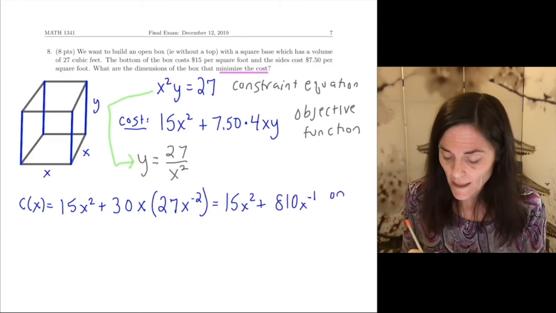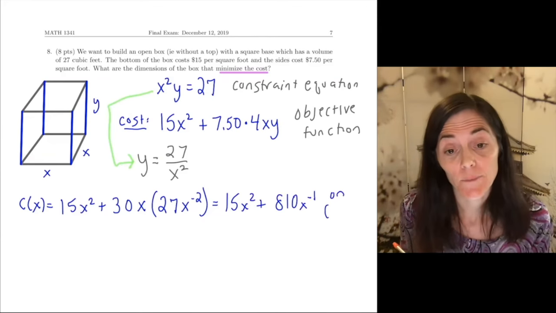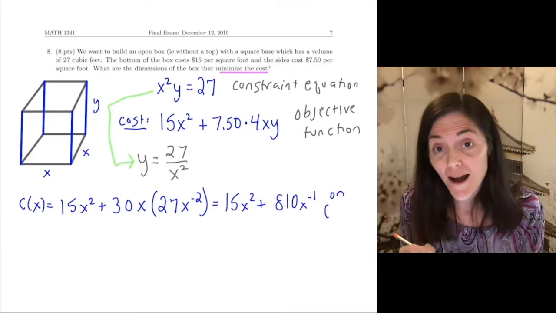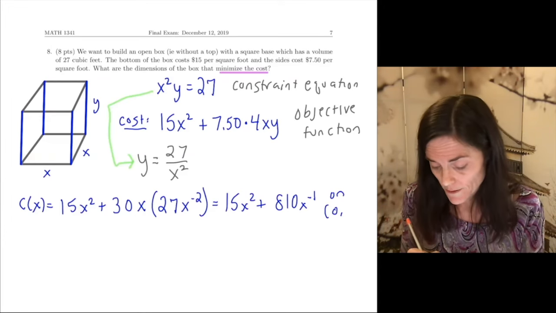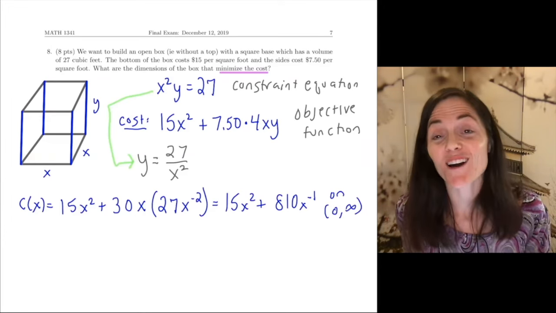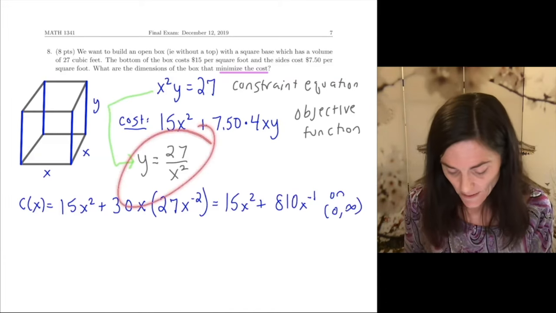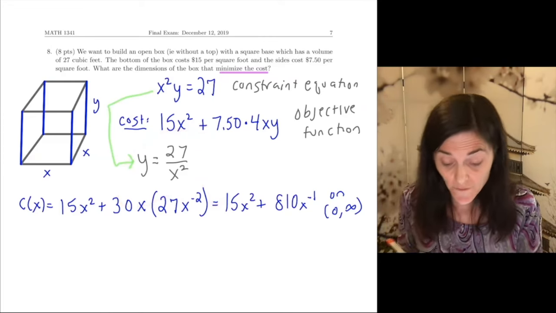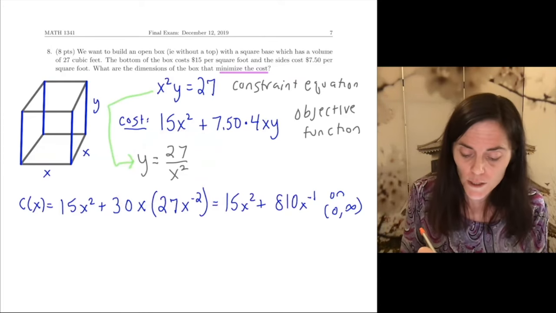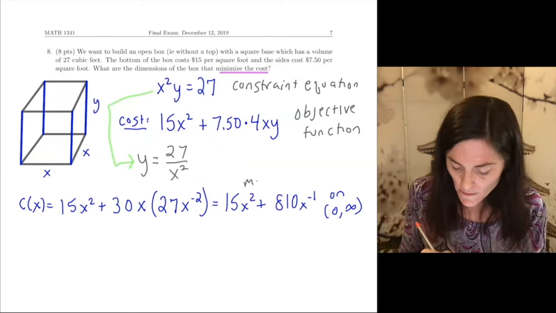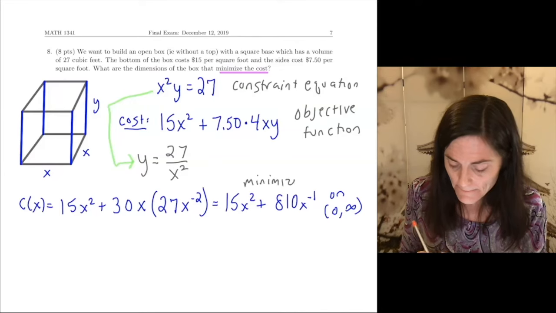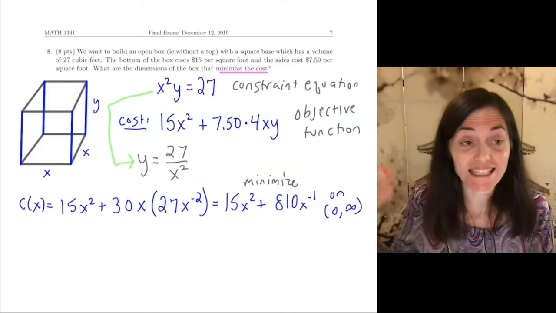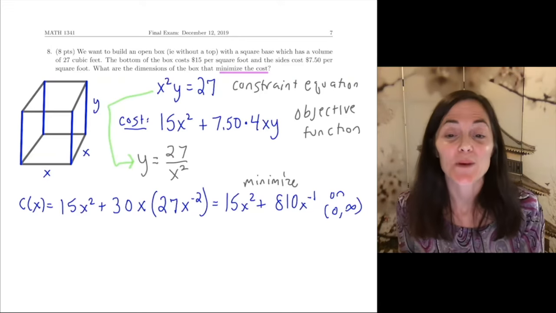And the domain here, if you want to think about this, well, x and y both have to be positive. So in particular, no matter how large x is, I could find some y that's positive with this relationship. So the domain is 0 to infinity, and we want to minimize. An important part of this is to check that you have a minimum, as we will see.